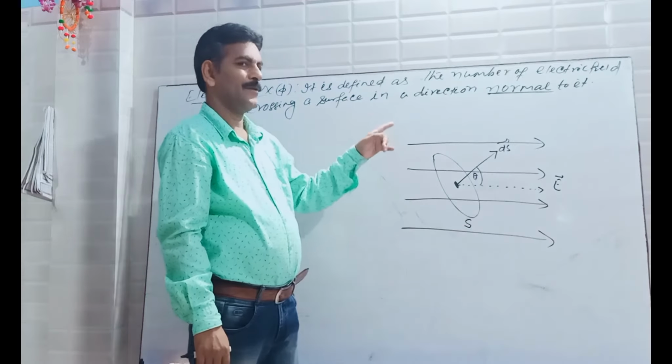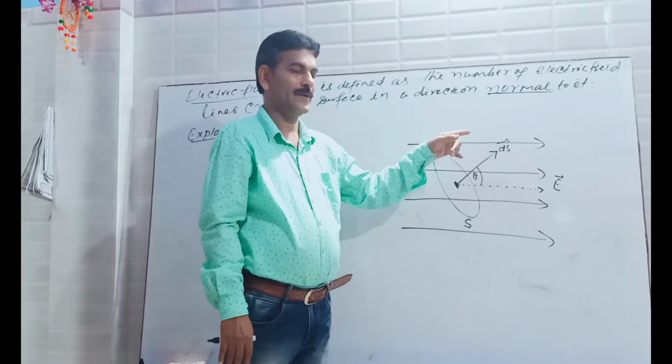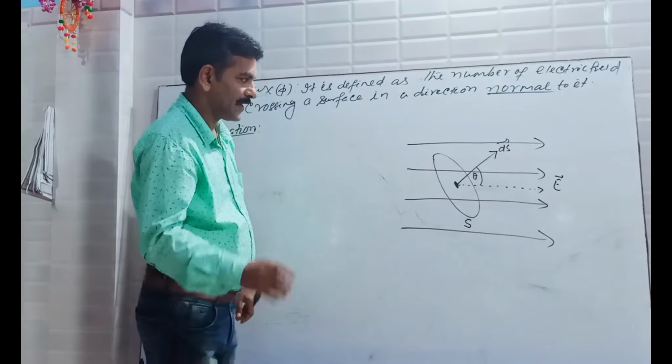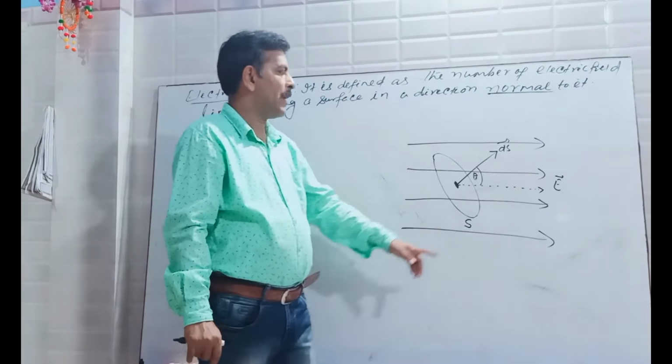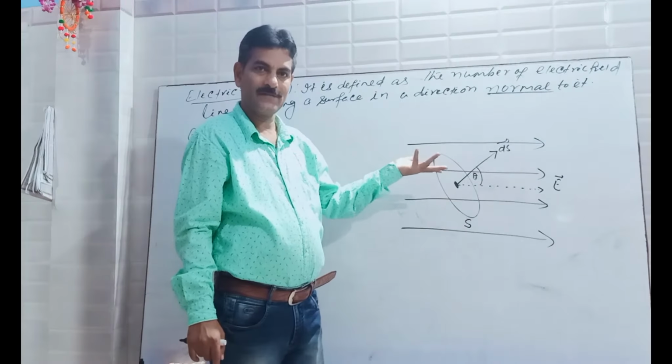That is why we emphasize the area vector, because the area vector is perpendicular to the surface. You see, from this diagram, can anybody tell me, is this electric field not perpendicular to the surface?